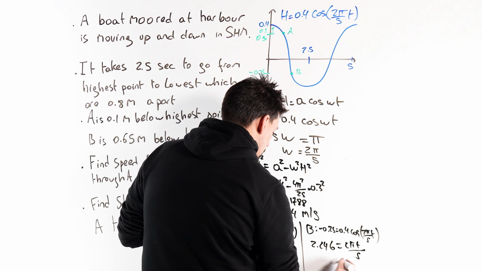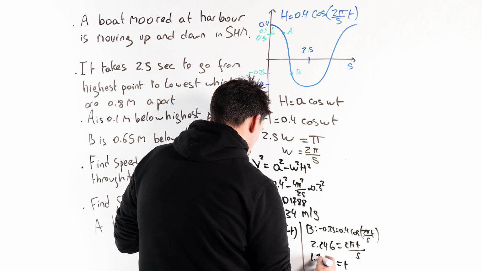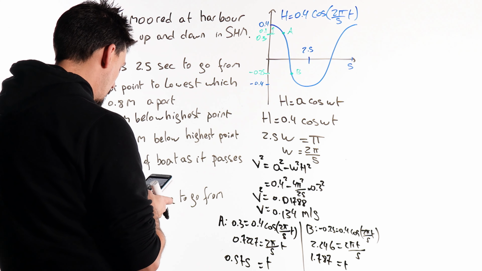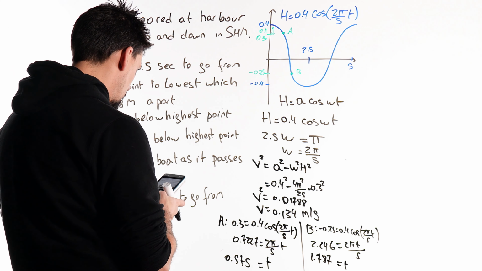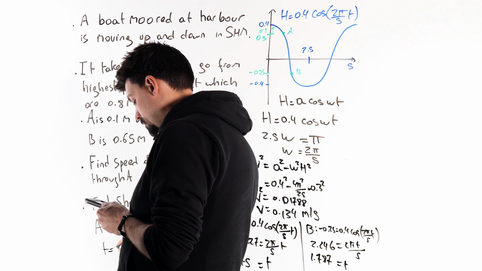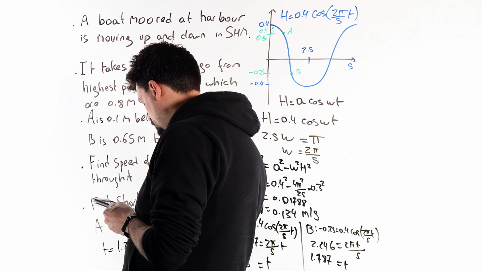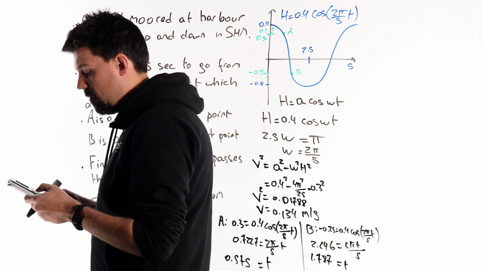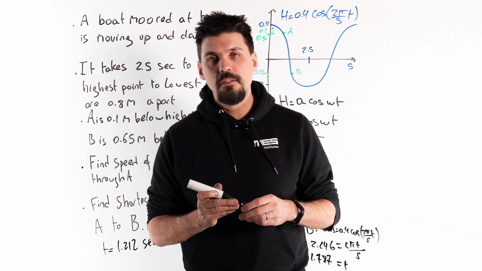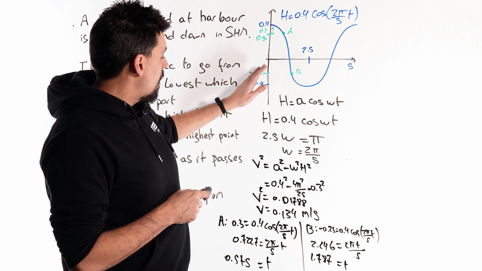So I get t is 1.787. So the time to get between them, store that as B, is going to be B minus A. 1.212 seconds. And there we have it. You go there, calculator. All right.